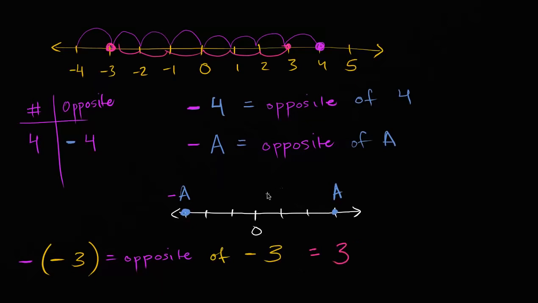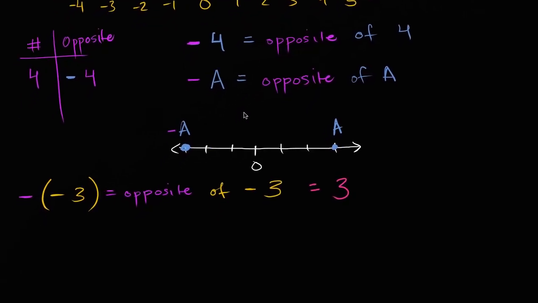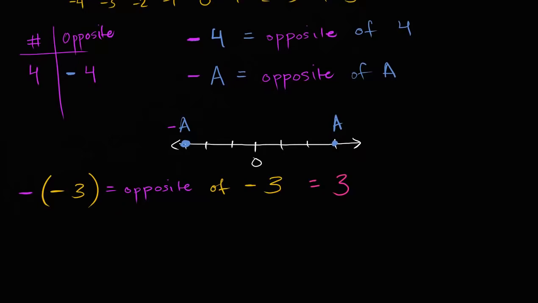So hopefully this gives you a better appreciation for what opposite means, and also how it relates to the actual negative symbol. Hey, we could keep going. We could do something like, what is the negative of negative 2?